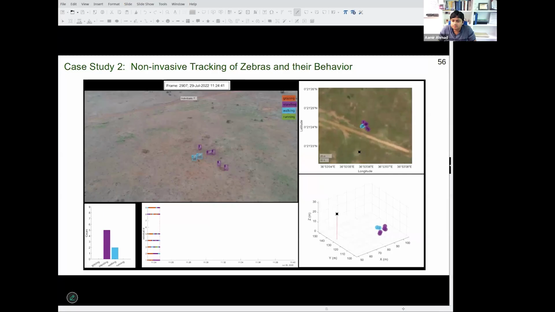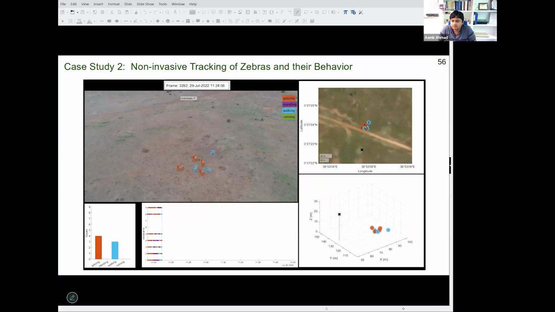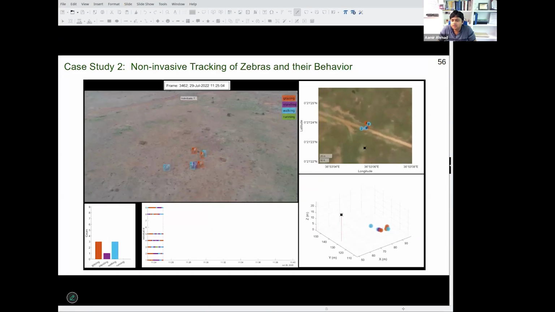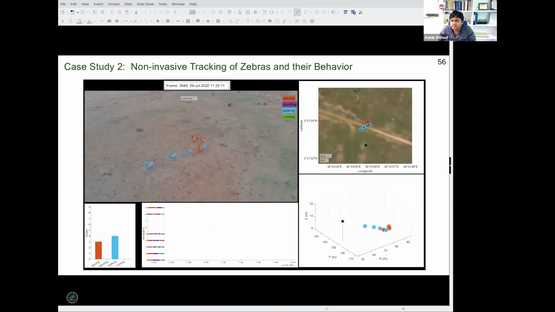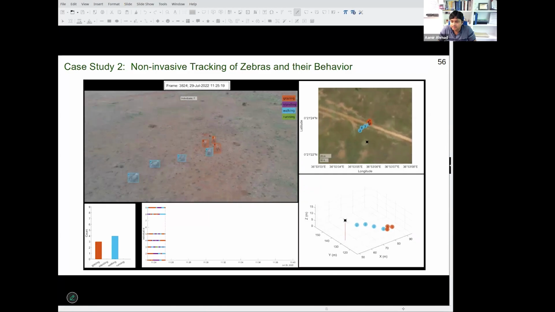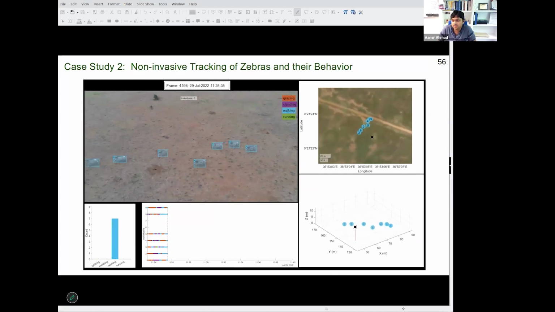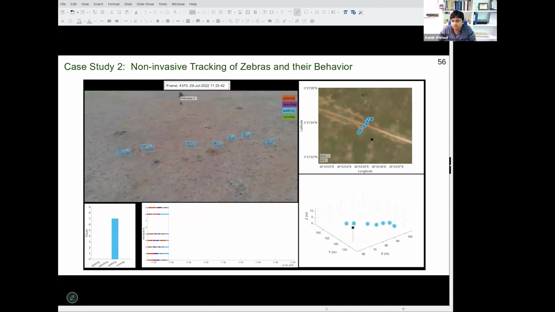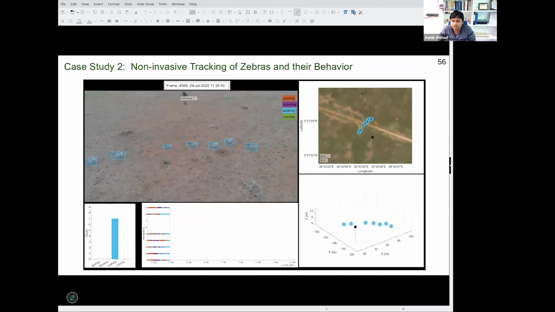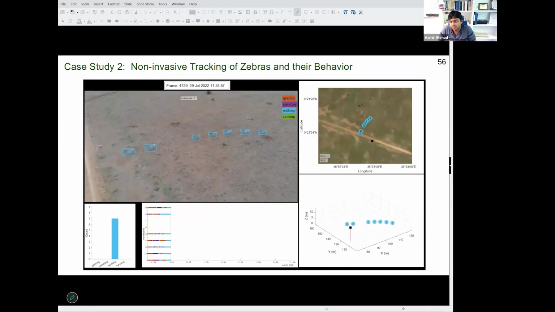You see at the bottom panel of this video, there is this activity budget which indicates how individuals are basically changing behaviors. And by the way, here individual recognition is again important because you need to know which individual has what behavior so that eventually ecologists can answer questions how these animals are making decisions.